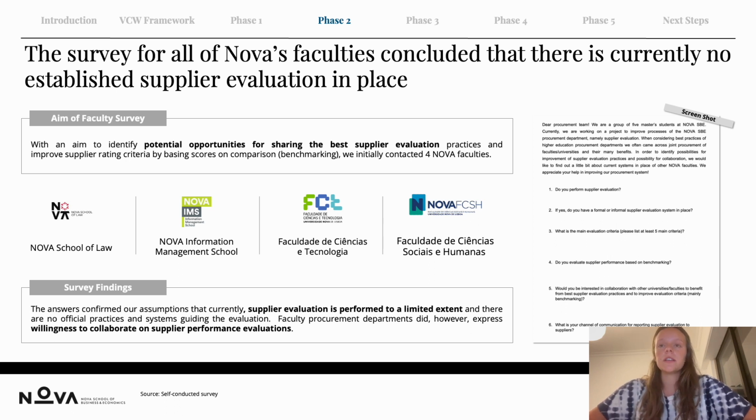So we initially contacted 4 Nova faculties, and the answers confirmed our assumptions that currently supplier evaluation is performed to a limited extent, and there are no official practices and systems that are guiding the evaluation of them. But faculty procurement departments did, however, express the willingness to collaborate on supplier performance evaluations.